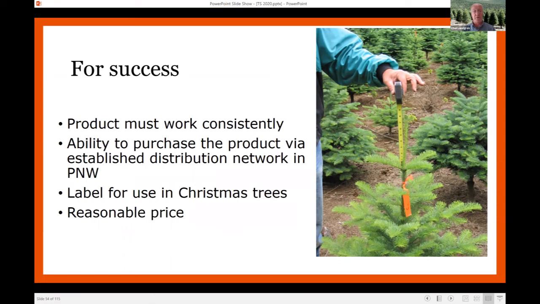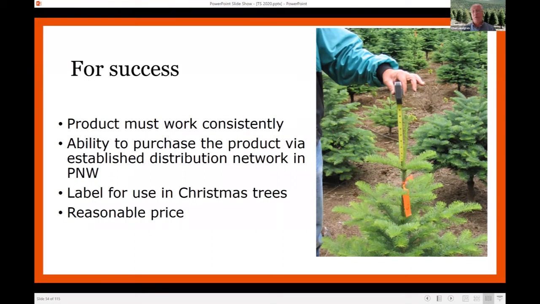So, for example, if you've got a leader that's typically going to grow, let's say, 20 inches, and you apply this product at the right rate and the right time, you can keep the growth within 1 to 2 inches of expansion.